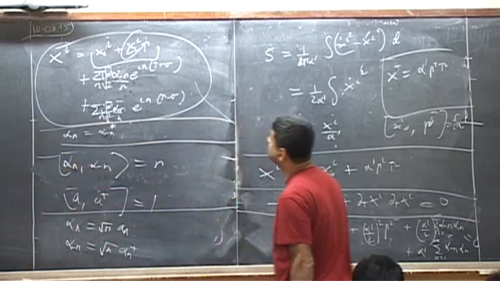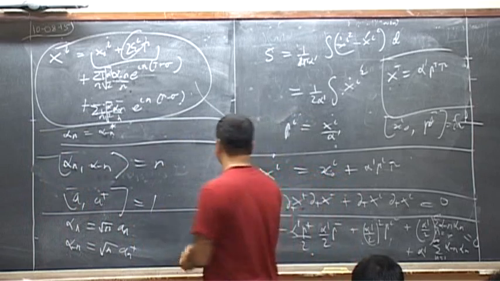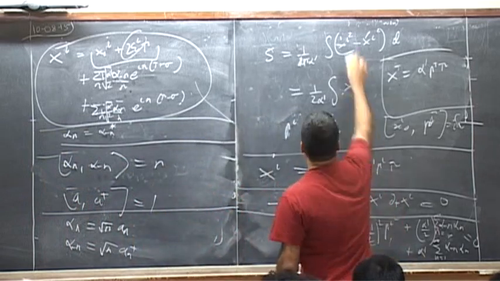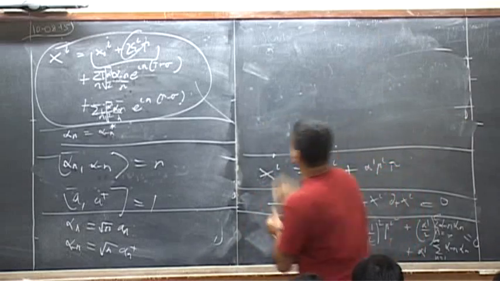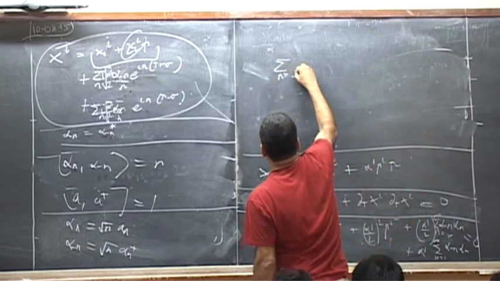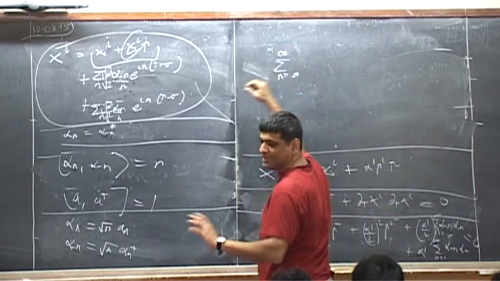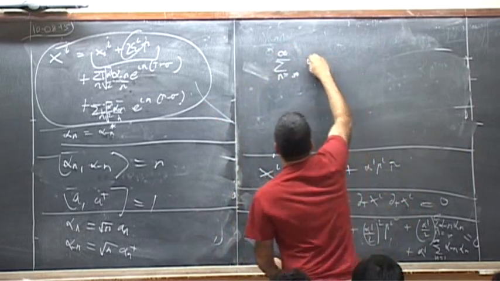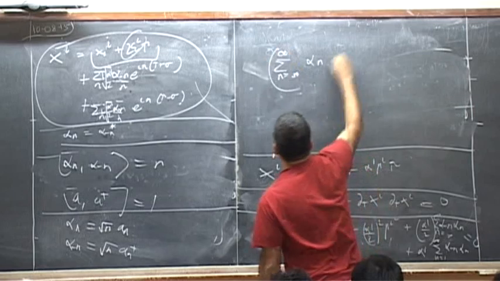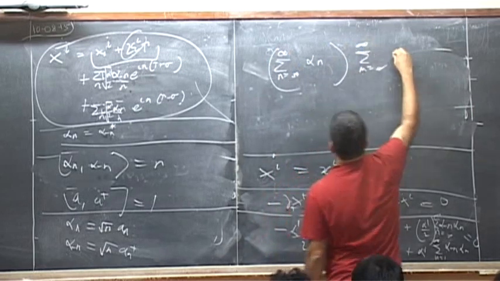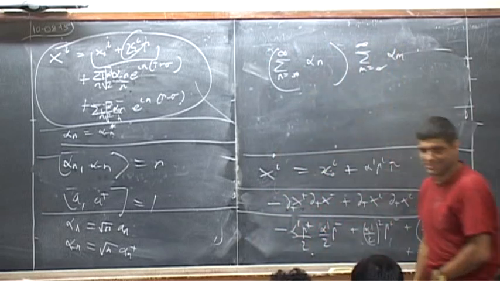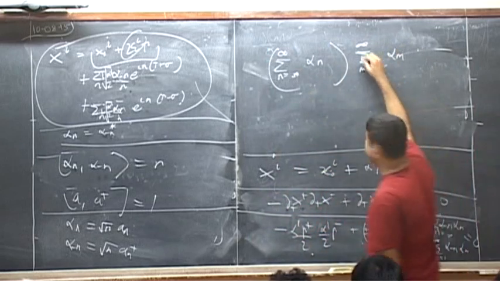This is minus infinity, right? This is minus infinity. That's 4 times, not twice. I don't know, maybe I'm doing this wrong, but let me just work it out. So we get the sum over n from minus infinity to infinity, always excluding 0, of alpha n times the sum over m from minus infinity to infinity of alpha m. Right? That's what we start with.